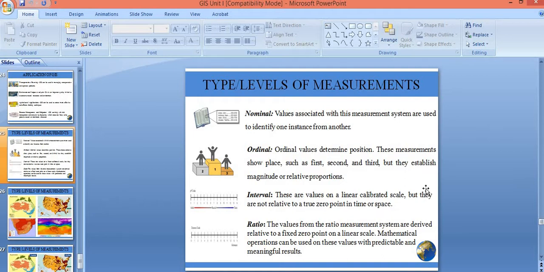Nominal means they are just labels. I will give some example. Assume that you have a field like type of crop cultivated in a particular land. So type of crop, what possible values may you have?